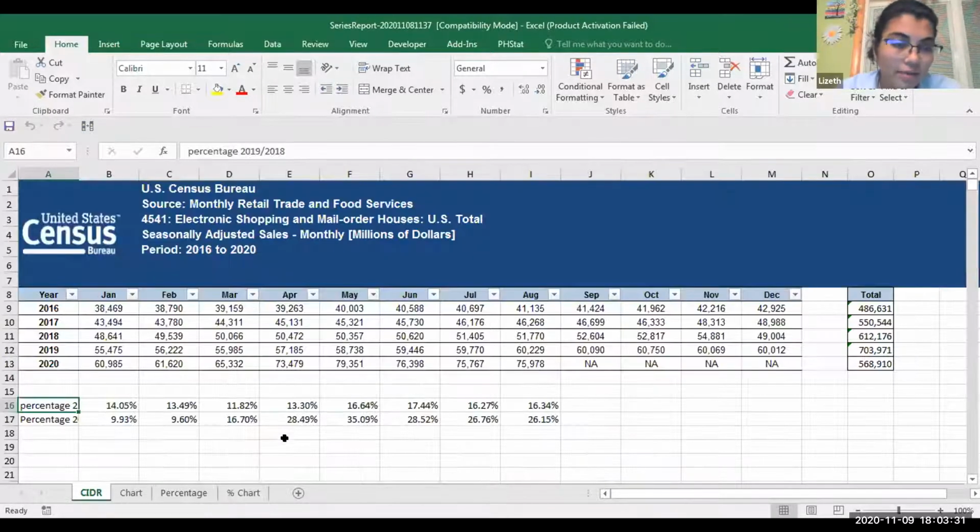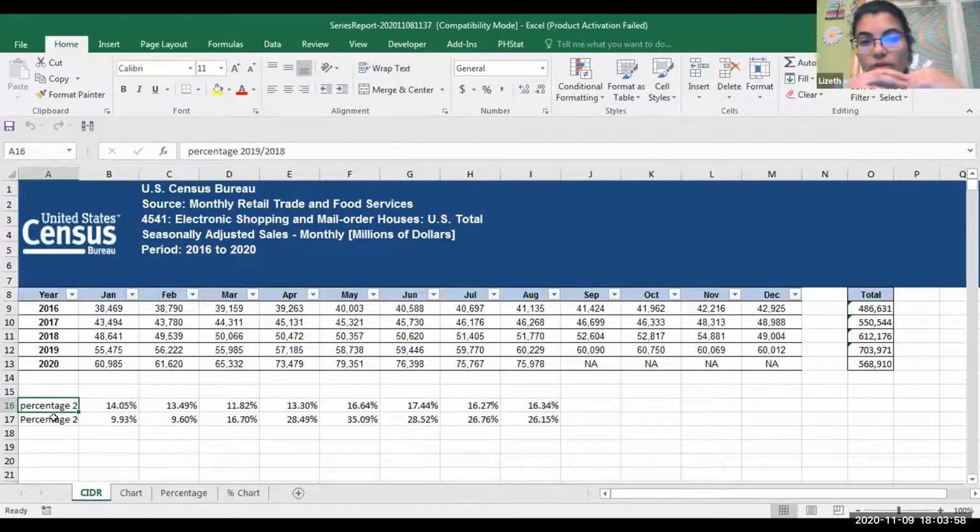We have downloaded this information from the census, and basically it tells us about electronic shopping and mail order houses, in millions of dollars. As you can see, we have all the information from previous years as well as each month. What I did here is because we want to see the difference related to COVID.